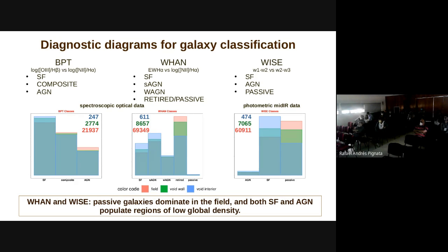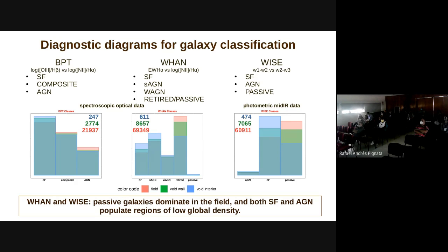And the last and different criterion is the WISE color diagram. This is different because it uses photometric data in the infrared region. In the case of BPT and WHAN, we use spectroscopic data in the optical region. And with the WISE criterion, we obtain star-forming, AGN, and passive galaxies.